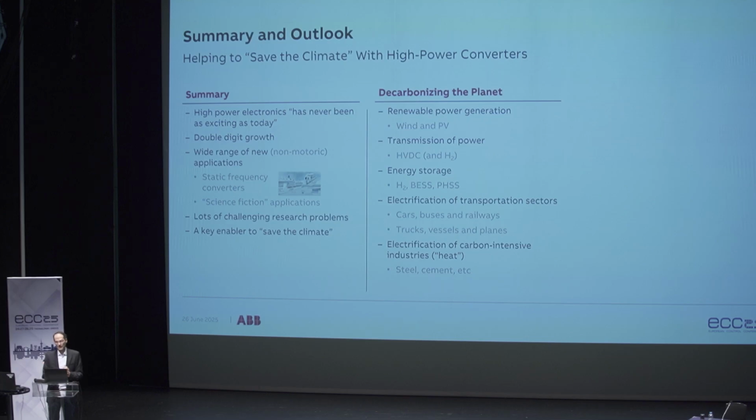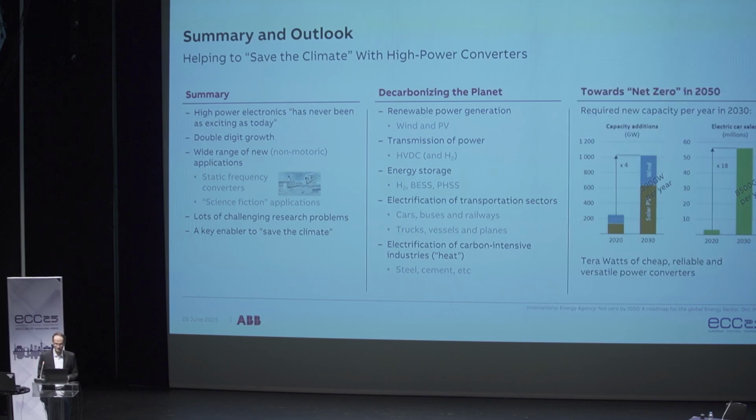And what is maybe sometimes overlooked is industry is as carbon intensive as the transportation sector, particularly when it comes to heat. So anything related to steel making, anything related to cement making has huge potential for decarbonization using power converters.